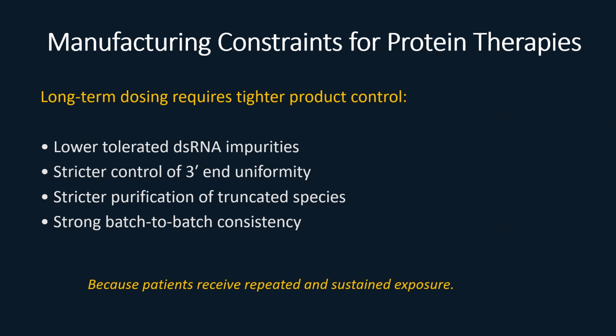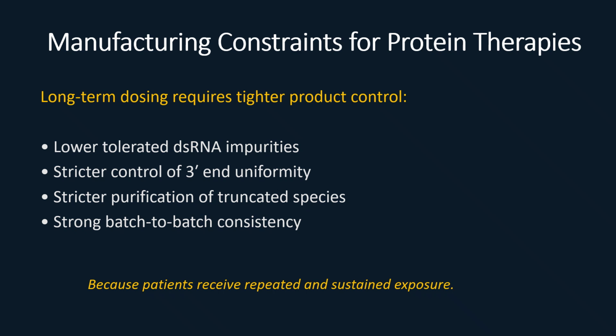Even small amounts of innate activation become a problem if the patient is exposed repeatedly. And then the 3' end must be tightly controlled. Variability there directly affects RNA lifetime, and that means unpredictable drug exposure.